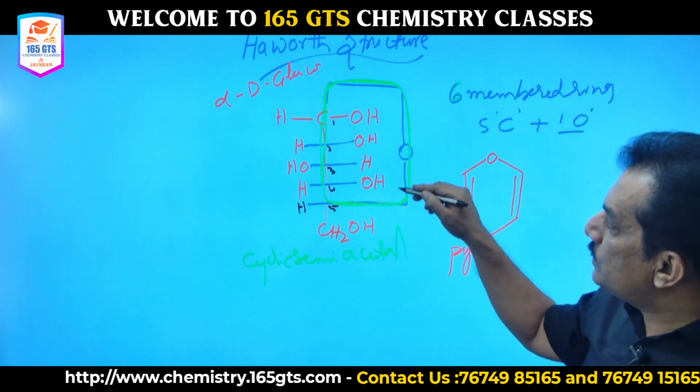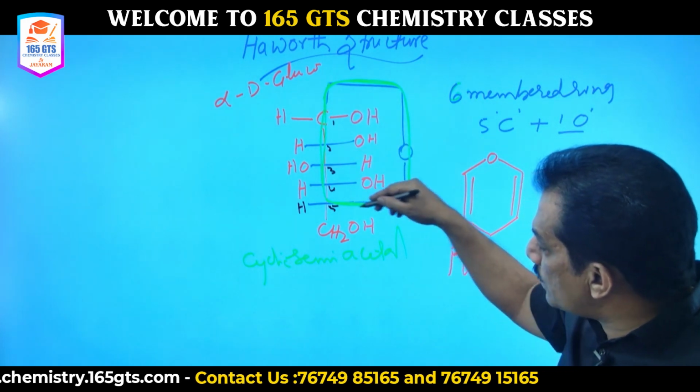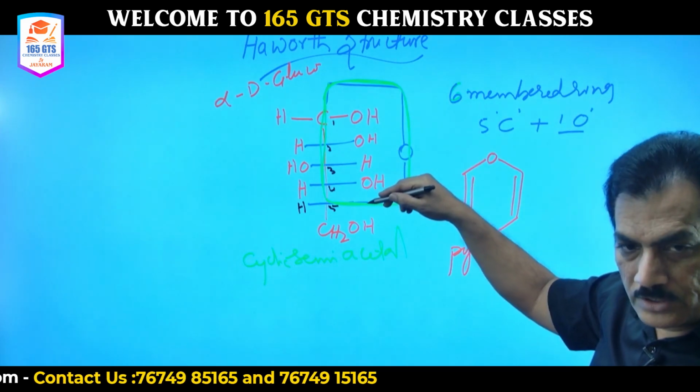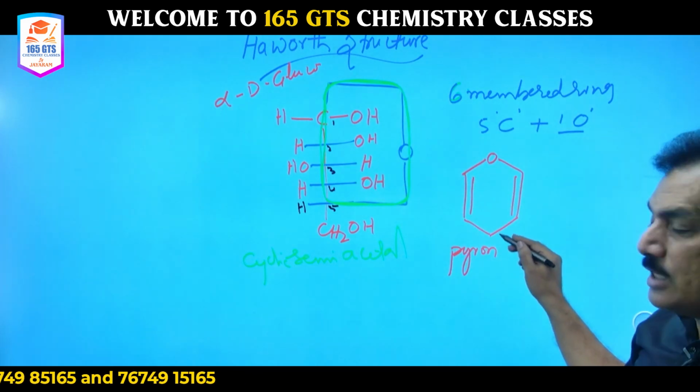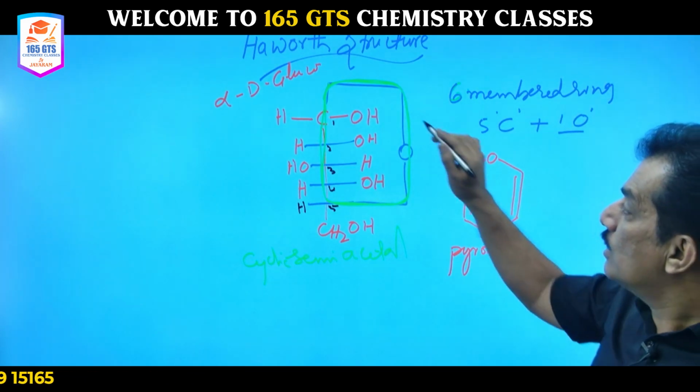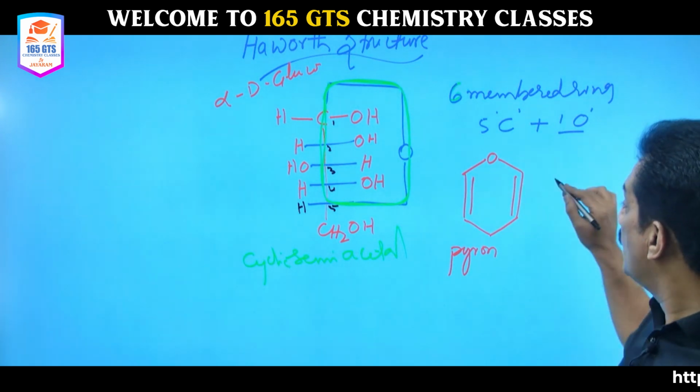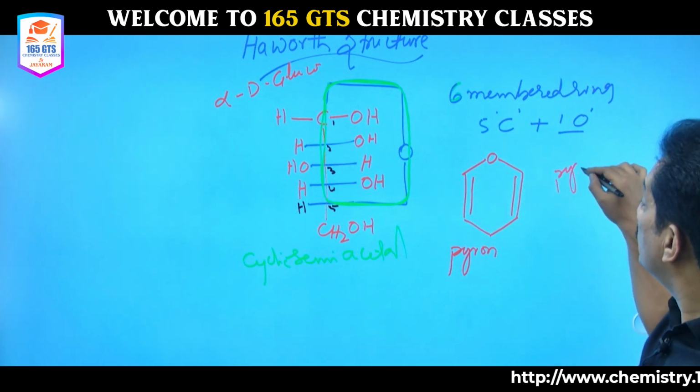Now, when glucose has this hemiacetal structure similar to this structure, the glucose structure is known as the pyranose structure.